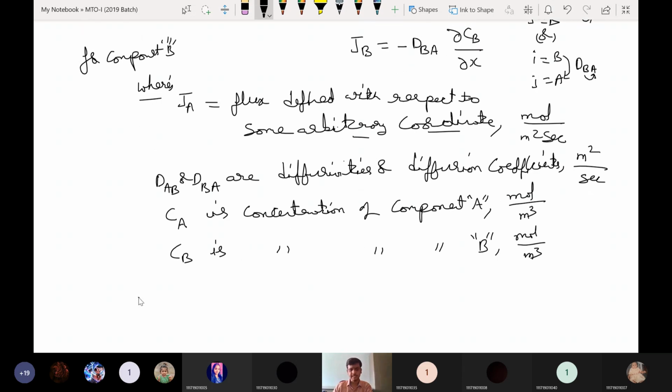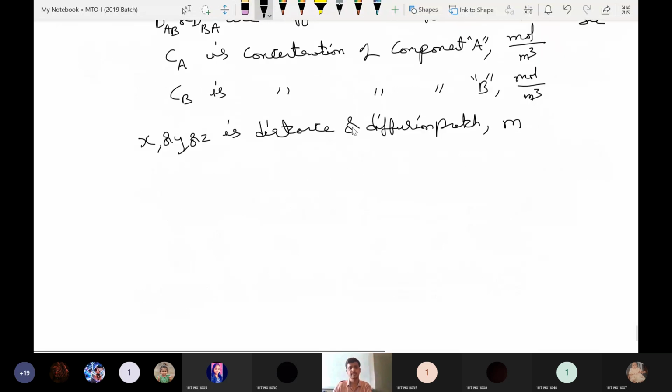Then we can write X or Y or Z is distance, or diffusion path or mass transfer path, whose units will be meters. What is the meaning of this diffusion or mass transfer path? For example, A is there this side and B is there this side.